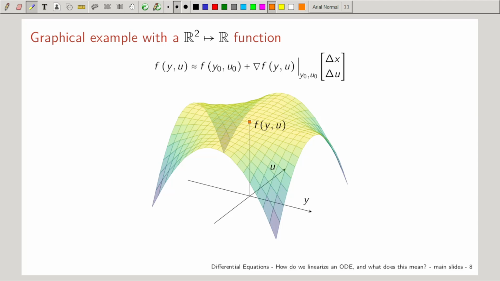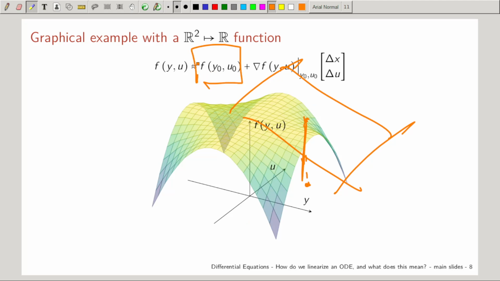Let's go here. There is an important thing. Are we together that whenever we take a point here and a value here, it means that I want to approximate with a plane? This one would be basically the offset plus a derivative. Let me rewrite it. This component here would be alpha times delta y plus beta times delta u.